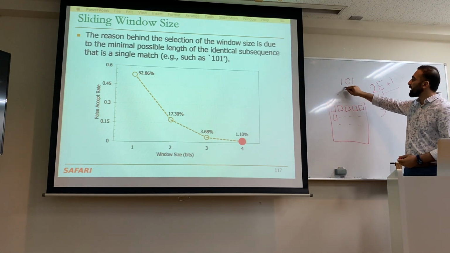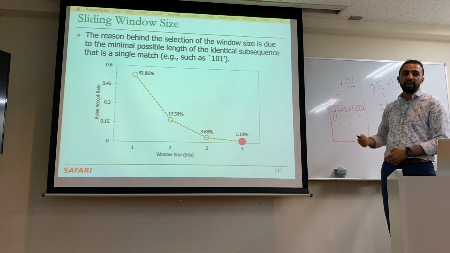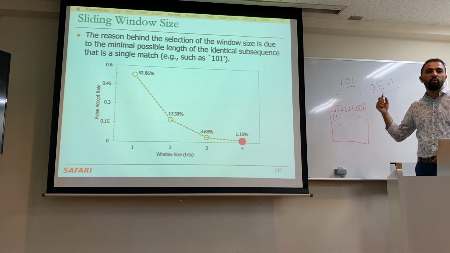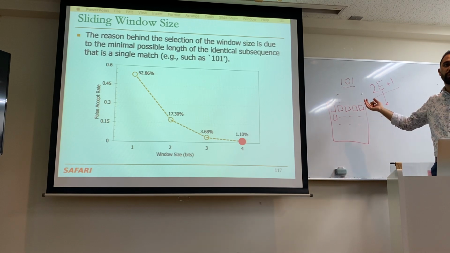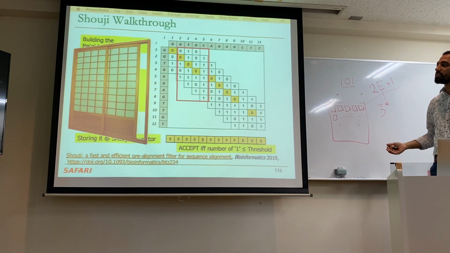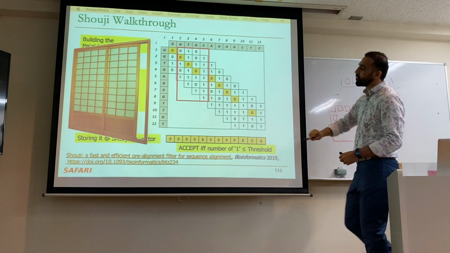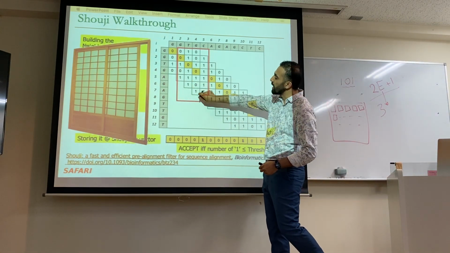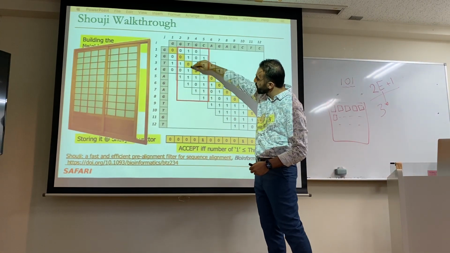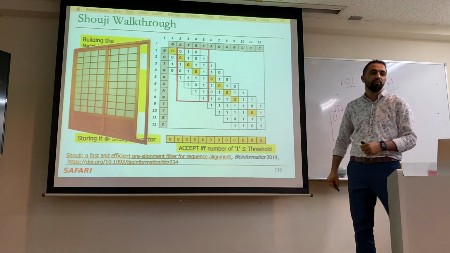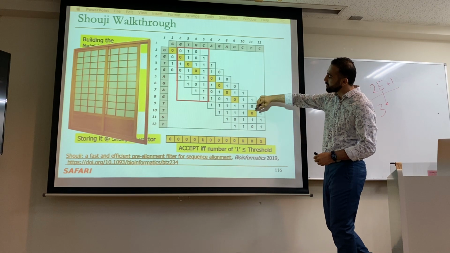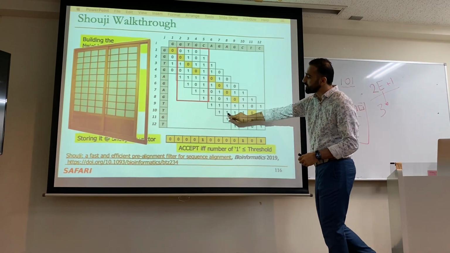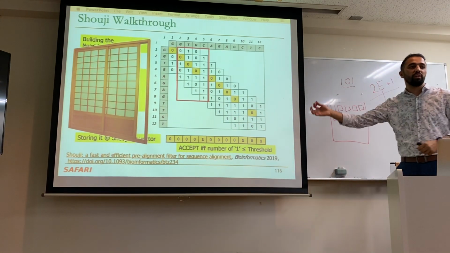So to have this pattern, we can have a search window of size 3 bits, for example, right? To cover this pattern. But when we notice here, we find a lot of 1, 0, 1 that are not part of the correct solution highlighted in yellow. So you have a lot of random zeros. For example, here 1, 0, 1, here 1, 0, 1, and so on. You have a lot of them everywhere.